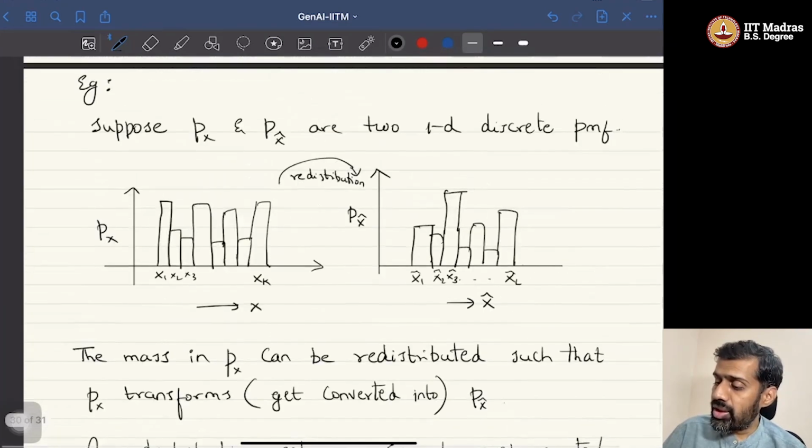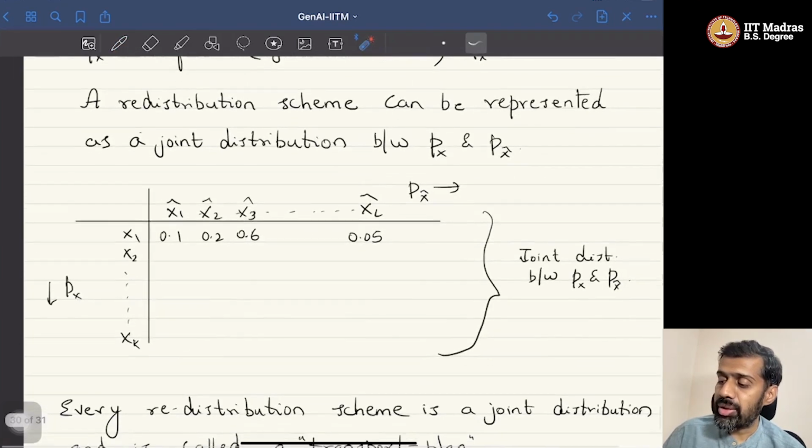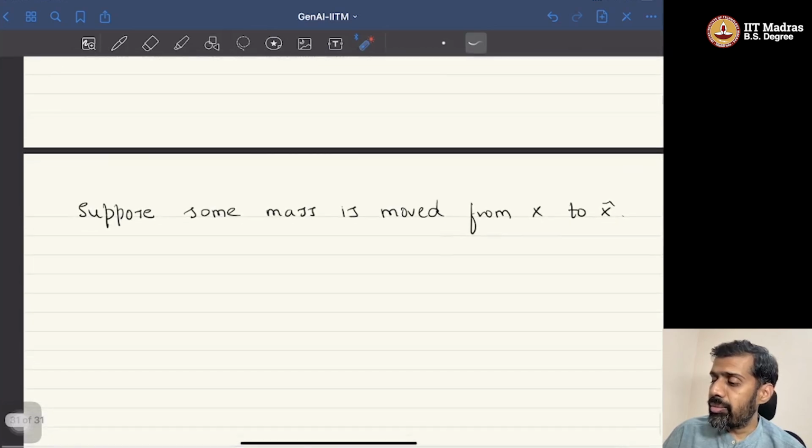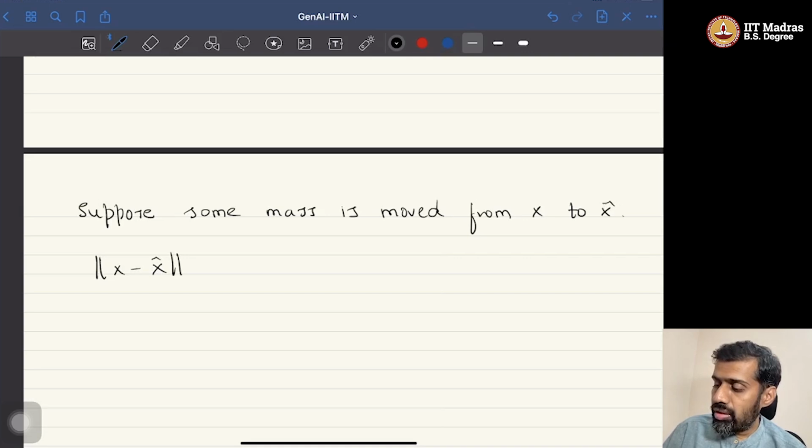While we are executing this transport plan, let's say we take some mass from x1 and move it to x1 cap, and take from x1 and move to x2 cap, and so on. So some mass is moved from x to x cap. Then we can compute a distance, some Euclidean distance, between these two points, and this gives a sense of the distance of the movement of the mass.